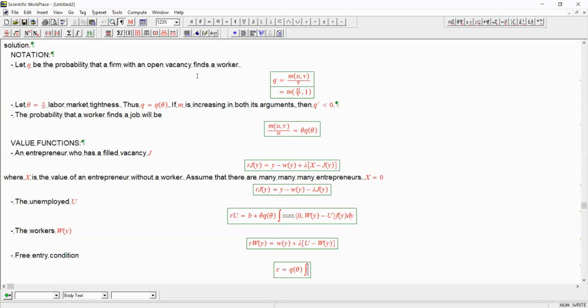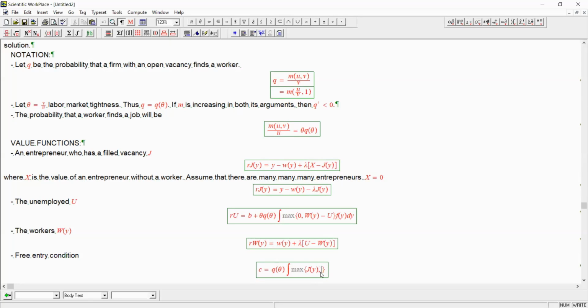Either the job is created, everyone agrees that there is some value to working together, and then you get the difference between J of y, which is what you get if you're operating with a worker, minus the value of being here without a worker, which of course is 0.